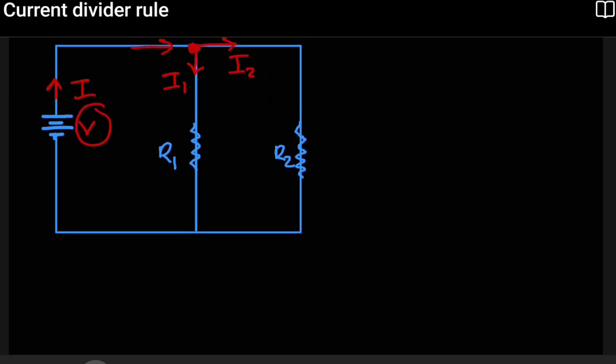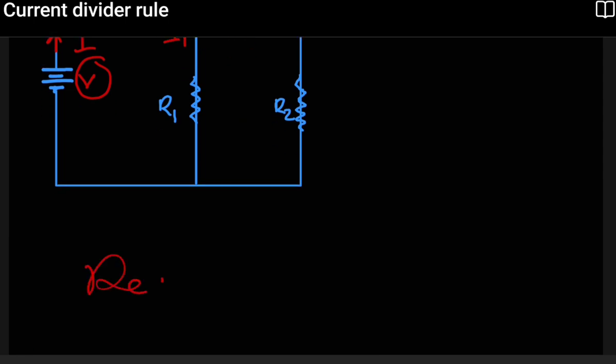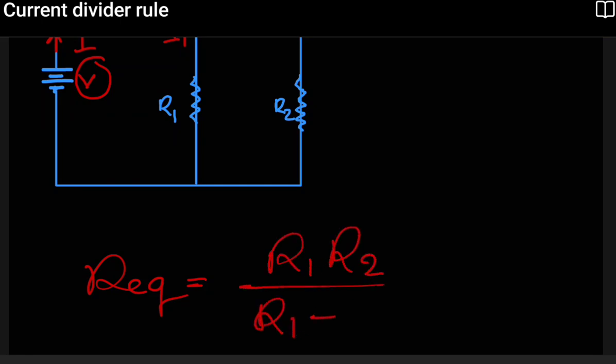So if we have two resistors just like this, for two resistors, the equivalent resistance will just be given by R1 times R2 divided by R1 plus R2. So this would be the expression for the equivalent resistance.